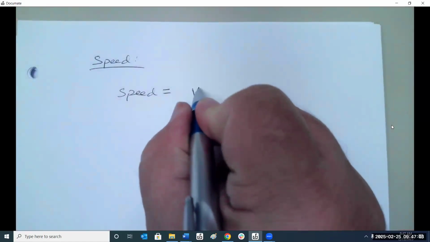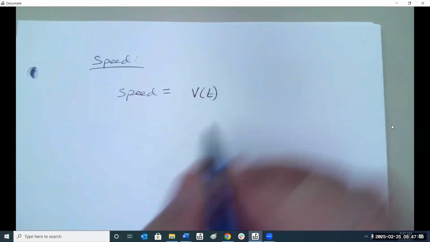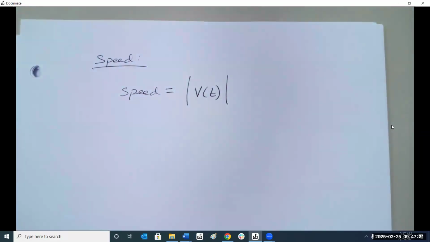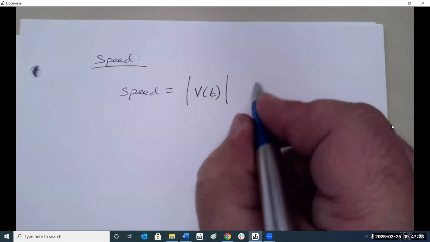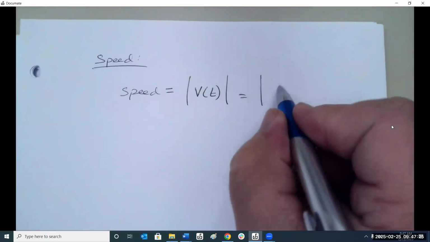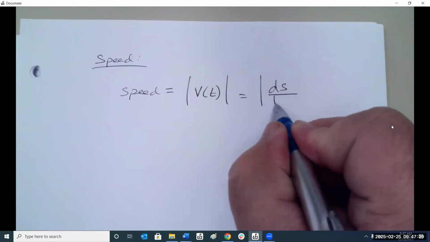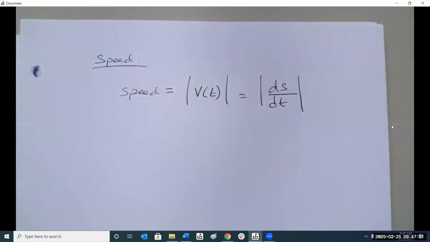So it's the velocity. If you're going from here to Fort Worth, and then from Fort Worth to here, does your speed change? In other words, if you're going 50 miles an hour going that way, is it negative 50 going this way? No. So it's absolute value. So speed is the absolute value of the derivative of your position.